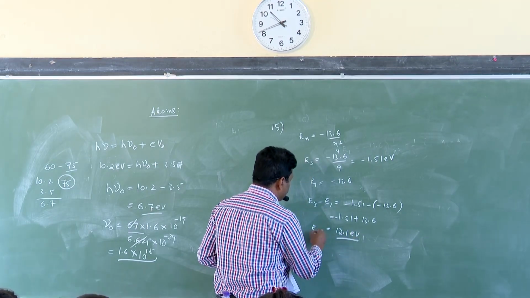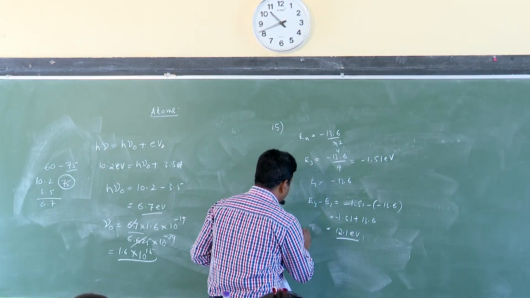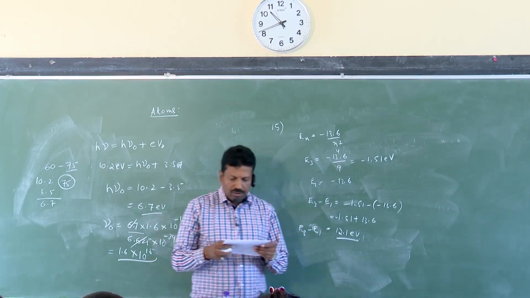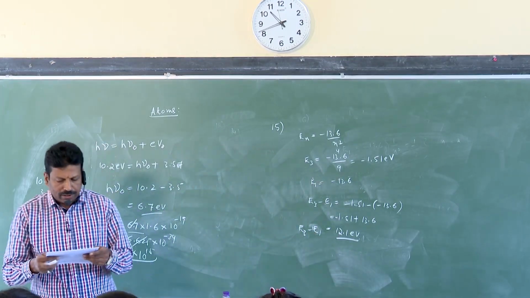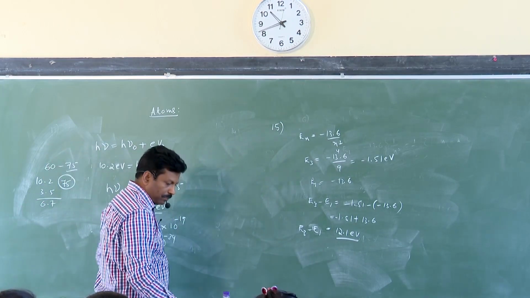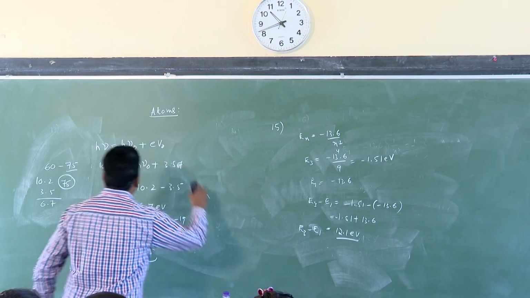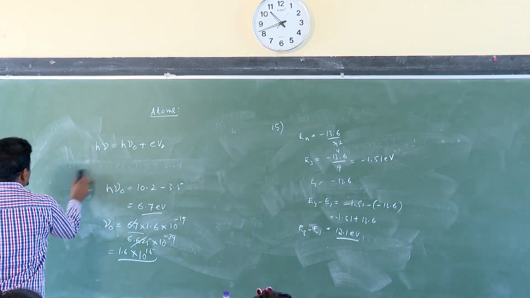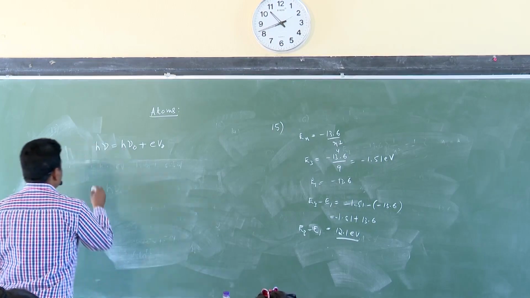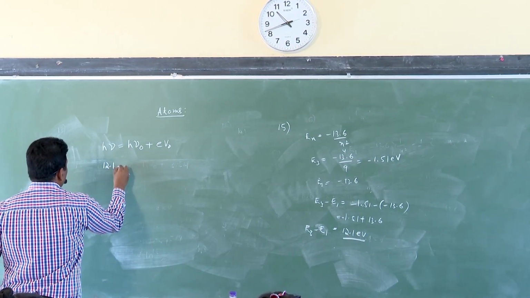So E3 minus E1 is 12.1 electron volt. So the total energy is this, as per this equation, total energy is 12.1 electron volt, correct?